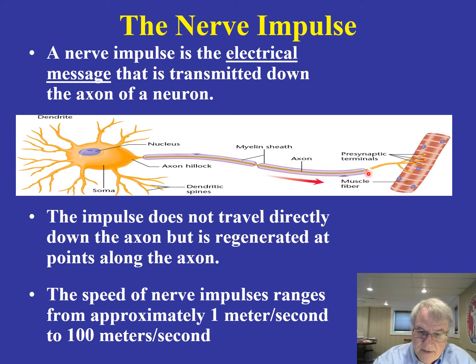But one of the things that we know is that it is being regenerated at different points, namely at these little gaps that are called nodes of Ranvier. The speed of a neural impulse ranges anywhere from about 1 meter per second to 100 meters per second, but it's always traveling in this direction, and it's being regenerated at these spots called the nodes of Ranvier. And I'll get into the mechanism of that in just a few moments.